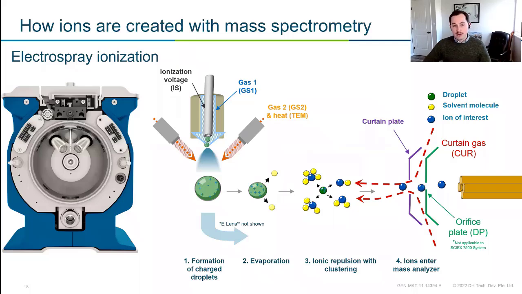We are spraying our ions and applying a charge. We'll just talk about positive ionization, so we're applying that positive charge to our analytes of interest, and we're doing some evaporation to try to separate our solvent molecules. If we think about that spray, we have these big droplets, and the droplet contains our analytes of interest, things we're not interested in, things that didn't pick up a charge, and our mobile phase.